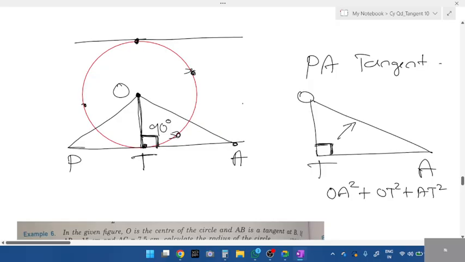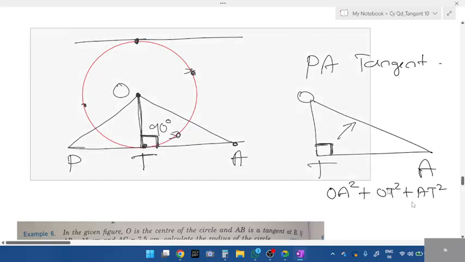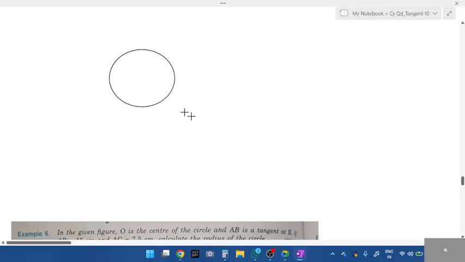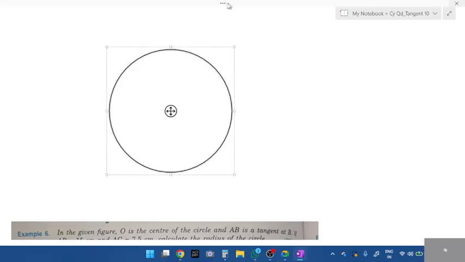Remember, whichever chord touches a tangent line, 90 degrees is formed. Joshita, did you understand? Okay, here I'll draw another line, students. There is no tangent, so don't assume it to be 90 degrees. This is just a radius.